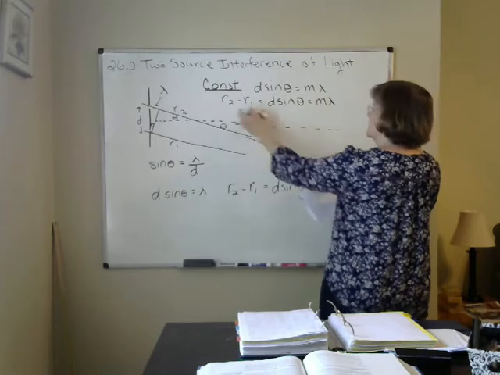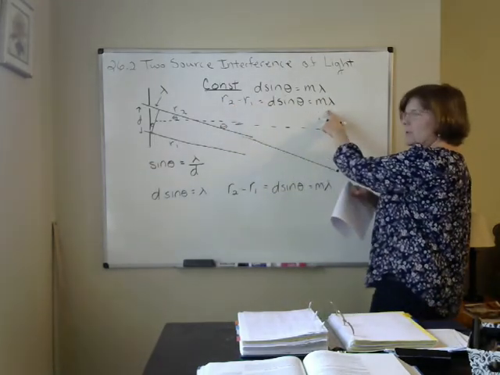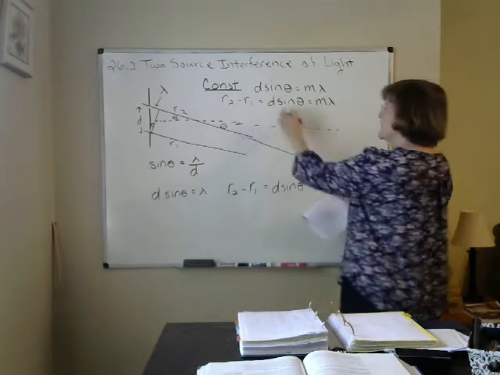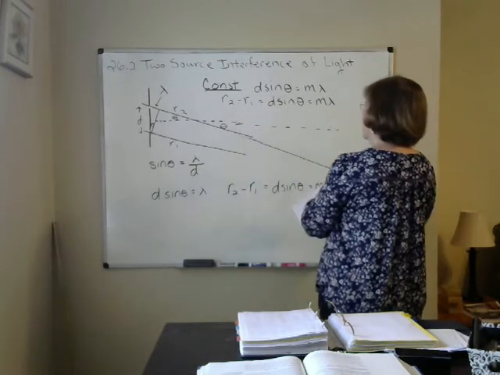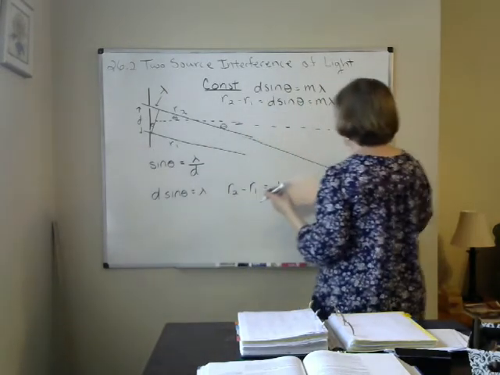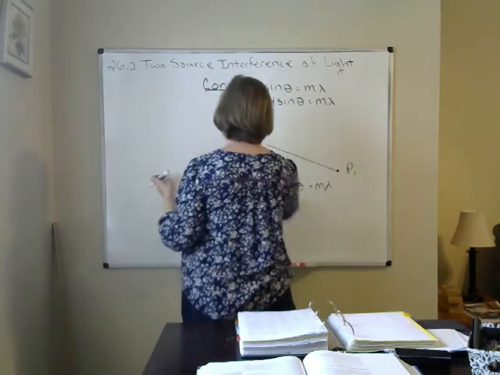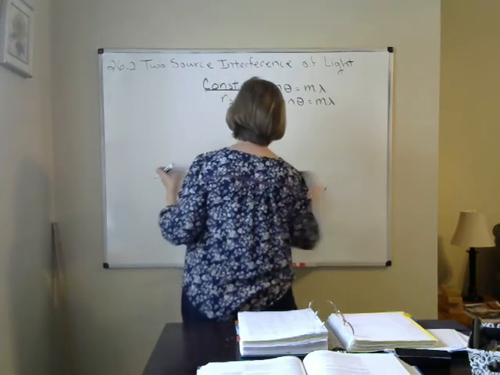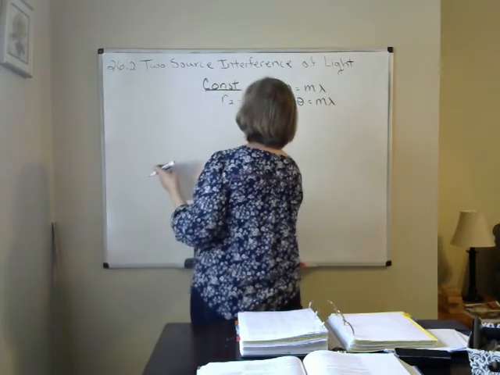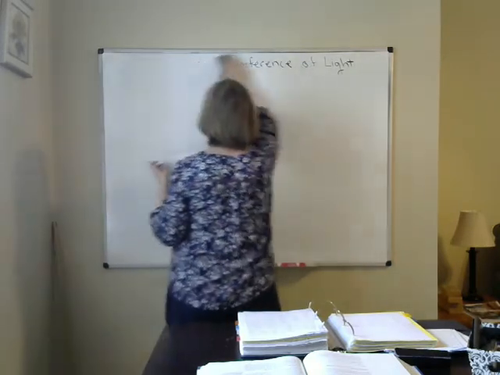So this first part, R2 minus R1 equal m lambda, that's what we found in section 26.1. This d sine theta equals m lambda, that's what we found in section 26.2. I'm going to erase all of this and rewrite it. In fact, let's clear this up a little bit.